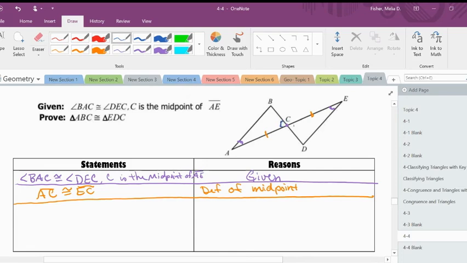I also know that these two angles are congruent. So I'm going to carefully name them BCA, and remembering that order is important, if I started at B, I'm going to start at D, so DCE. And the reason that we know that those are congruent is because they are vertical angles.